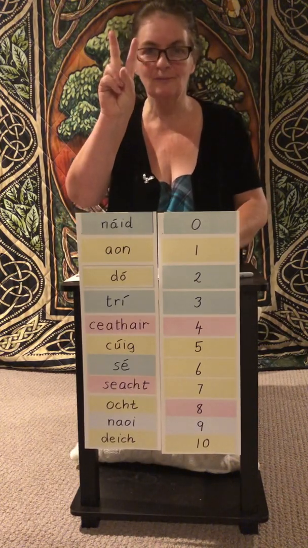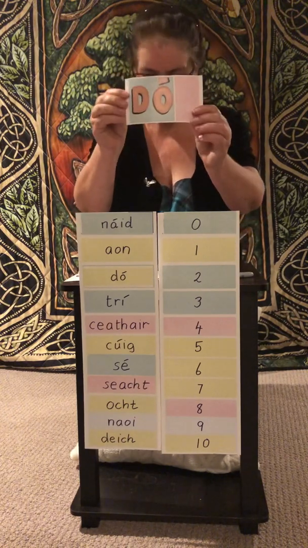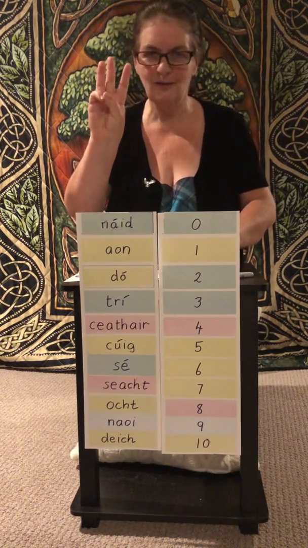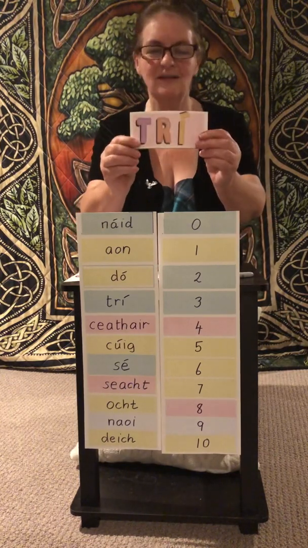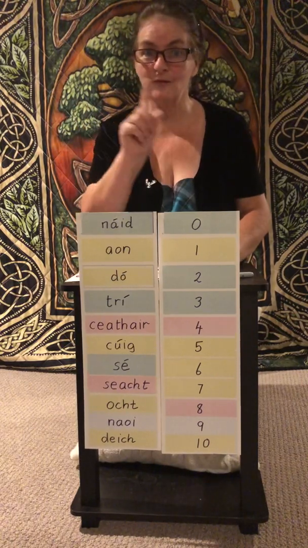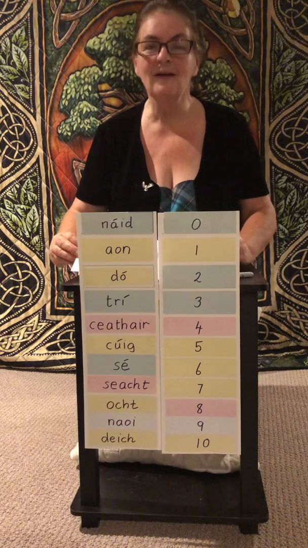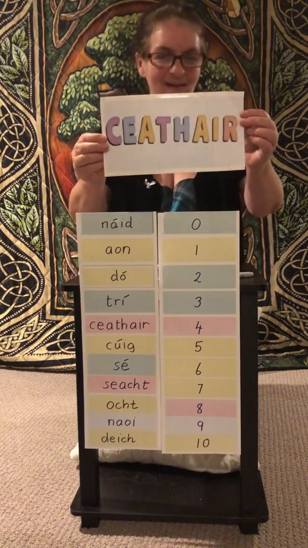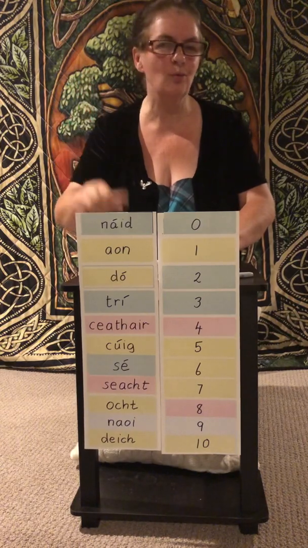Number 2. Do. Number 3. Tree. The new one, the long one for the crossroads, the 4 roads where people gather. It was Kahir. 5, halfway. That's cool.